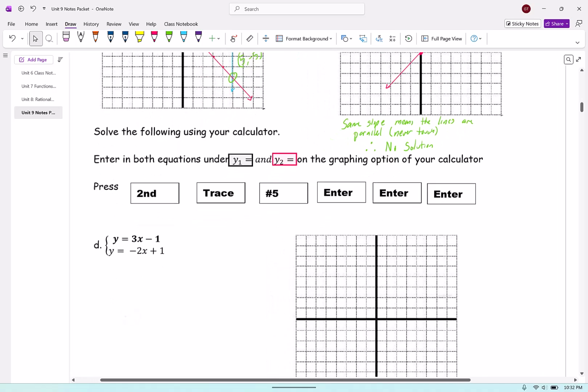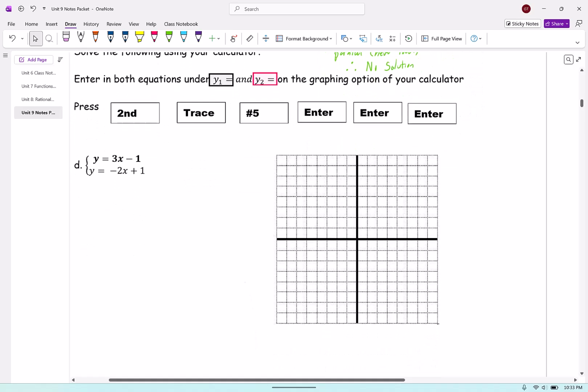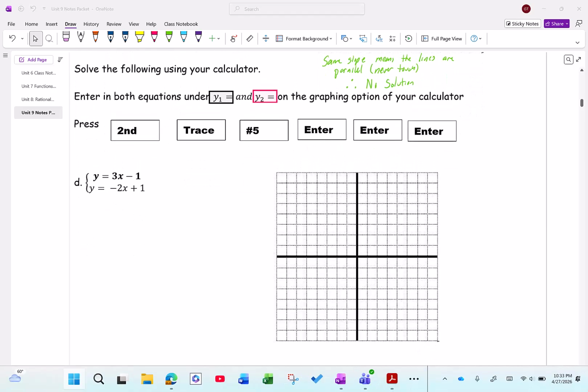And so this is telling you to enter these two equations, y equals 3x minus 1 and y equals -2x plus 1, into your graphing calculator. And then for a second trace, number 5, and then enter, and you'll actually be able to see that.